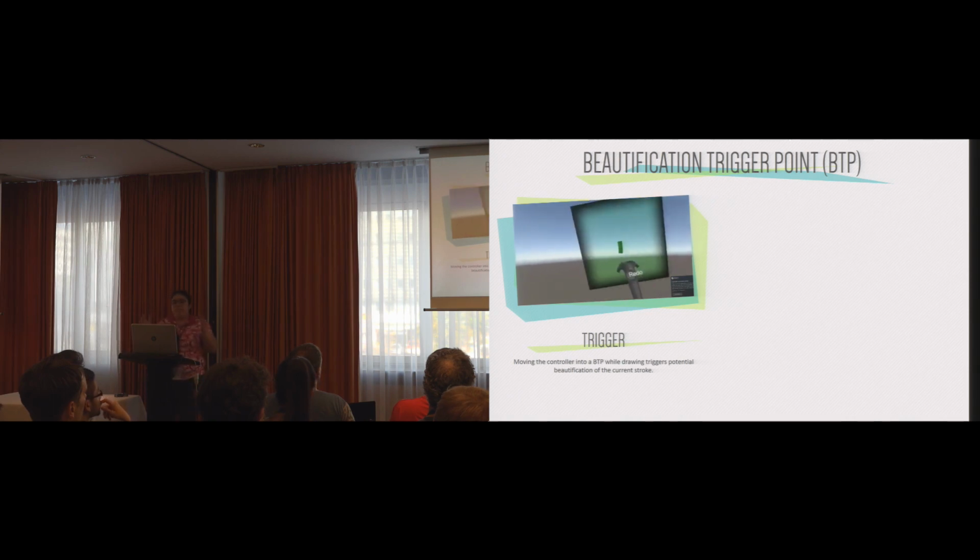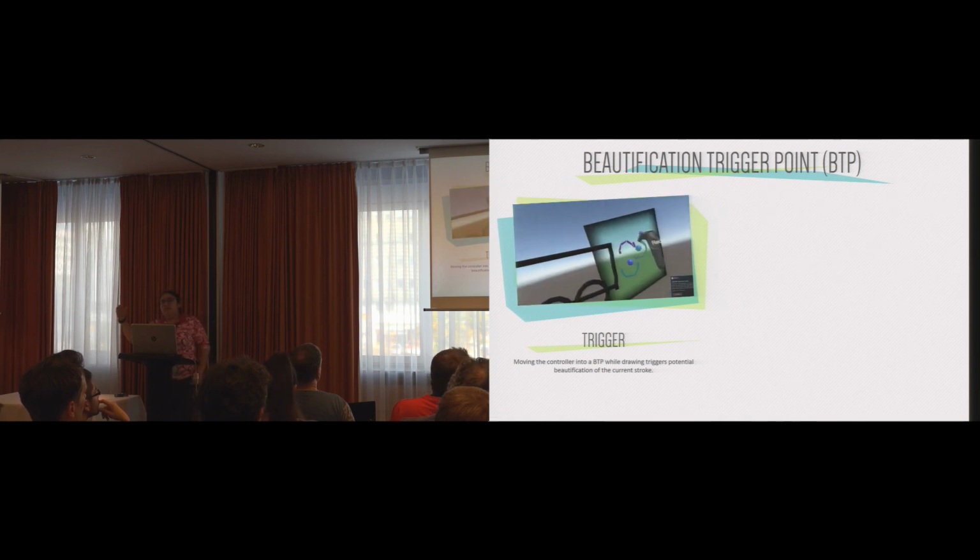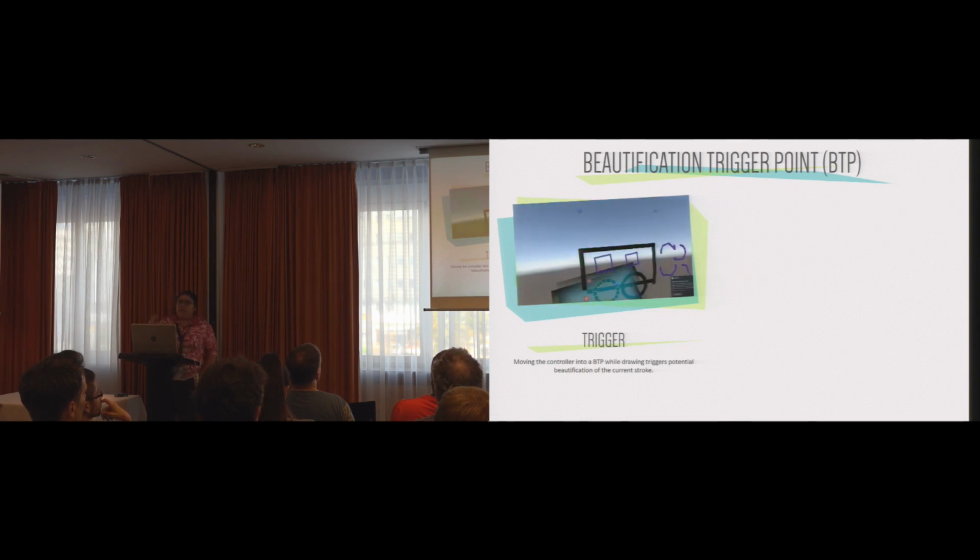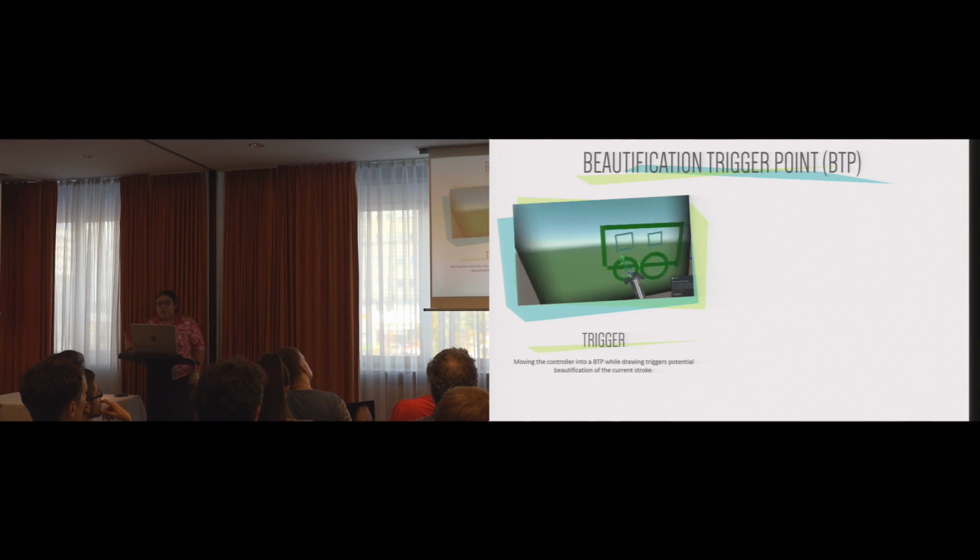So if you're drawing a stroke and want it to be the same size as the other strokes, it will show you where to end your stroke to have that size. And the goal, as I say, is not only related to depth perception, but also the spatial perception of the user.